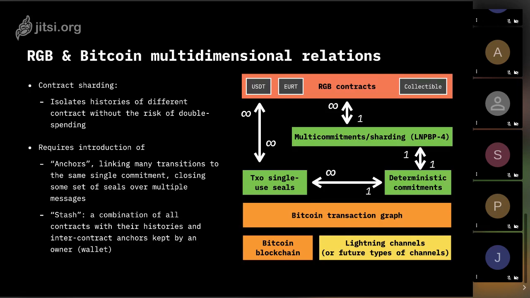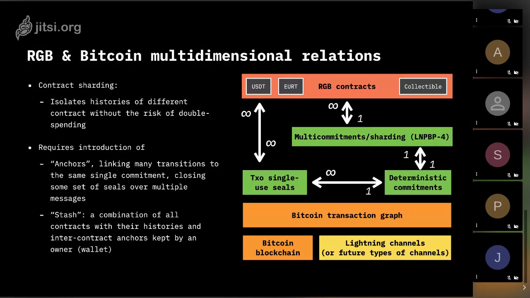And the anchor can contain partially revealed data, so you will be able to verify the history of one single contract without even knowing that other contracts were involved. The anchor is basically the structure that keeps these proofs about sharding and about deterministic Bitcoin commitments, and it is separated from the state transitions and from RGB contracts, because an anchor, as I said, can be related to many different state transitions under different RGB contracts. And the stash is basically a combination of all these things.